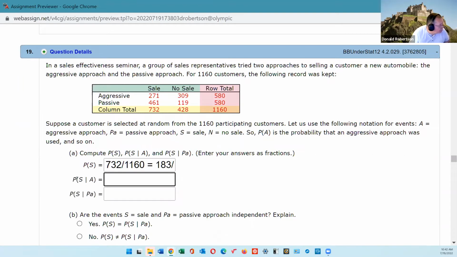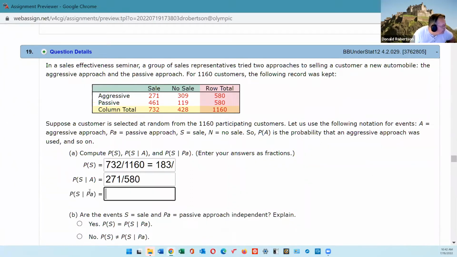Now, what's the probability that you get a sale given that you did the aggressive approach? Since you did the aggressive one, isn't all your data going to come from that top row? That would be the 271 out of 580 that I did a few minutes ago, and you can simplify that if it does.